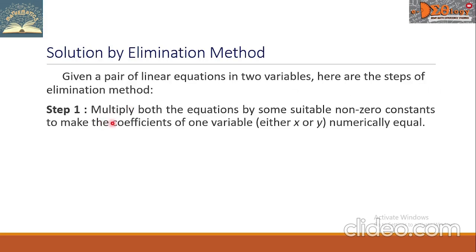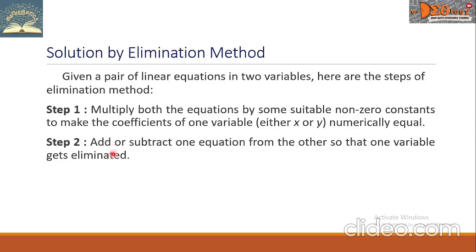Step 1. Multiply both the equations by some suitable non-zero constants to make the coefficients of one variable, either x or y, numerically equal. Step 2. Add or subtract one equation from the other so that one variable gets eliminated.